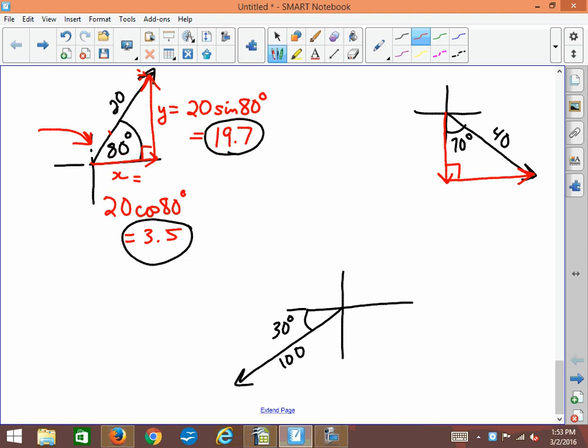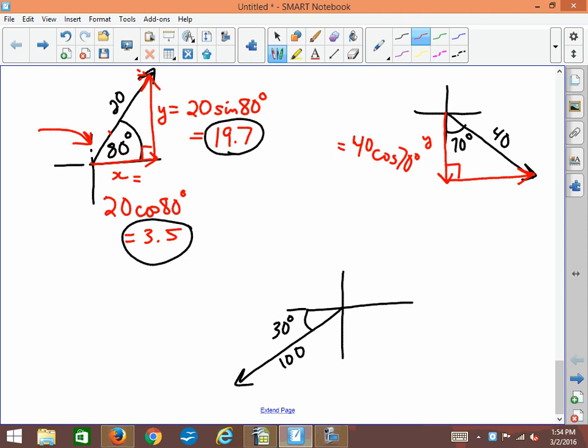This side, which I'm going to call y, it's on the y-axis, it's adjacent to the angle. So I'm going to use cos this time. This equals 40 times the cosine of 70, because now I'm adjacent to the angle, you see?